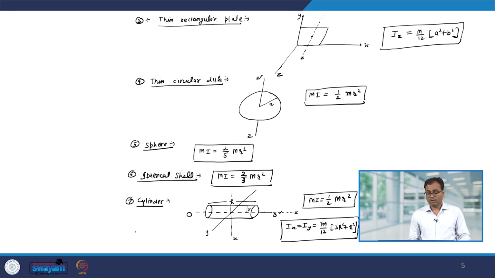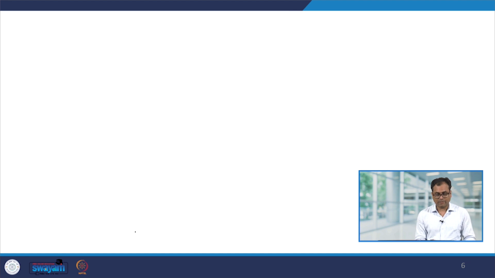Now, let us look at the moment of inertia of an elliptic disc.